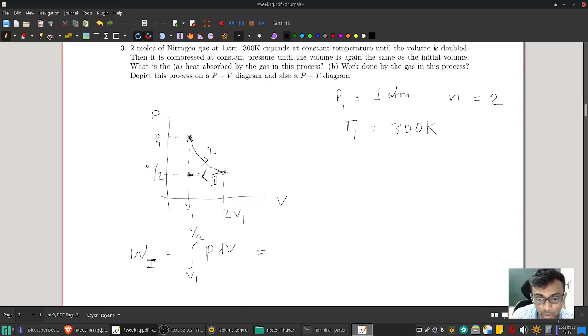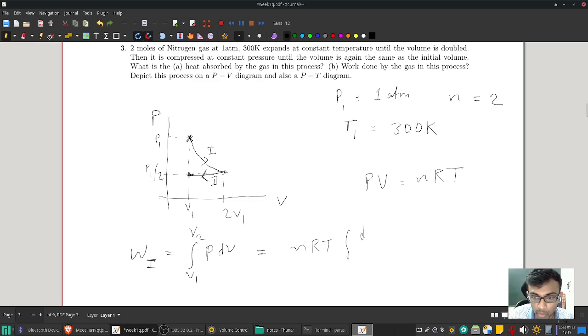So you can simply calculate the work done in an isothermal process by replacing P with the P from the state equation. So this is going to be nRT integral dV by V from V1 to V2, which is nRT ln V2 by V1.